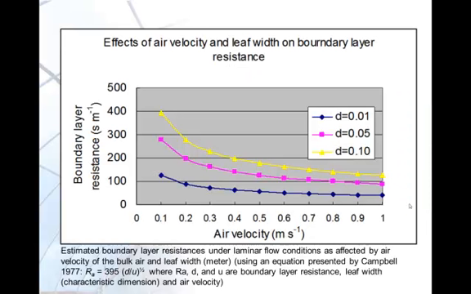So this one is a theoretical relationship between boundary layer resistance or thickness and velocity. This is bulk air velocity, so above the boundary layer. Another factor included in this chart is the leaf width, so the size of the leaf.